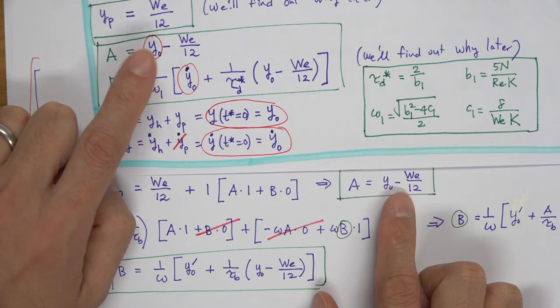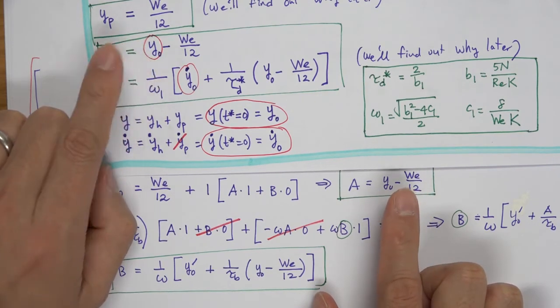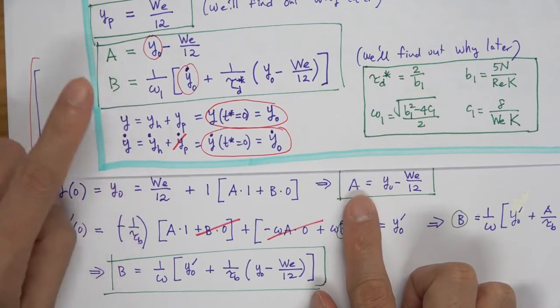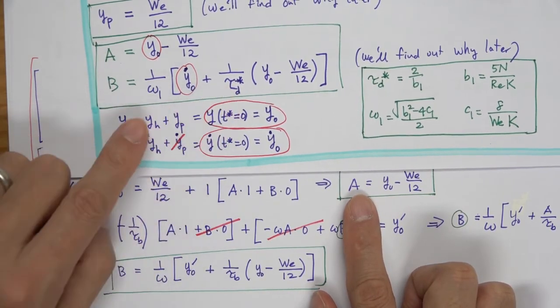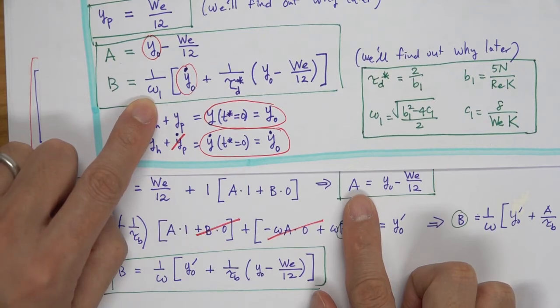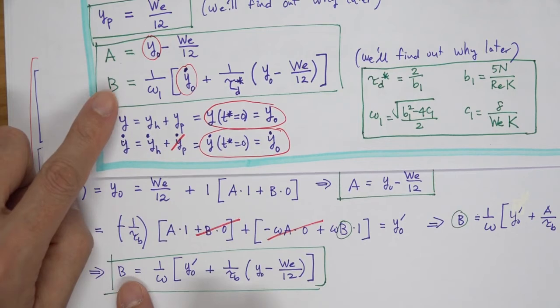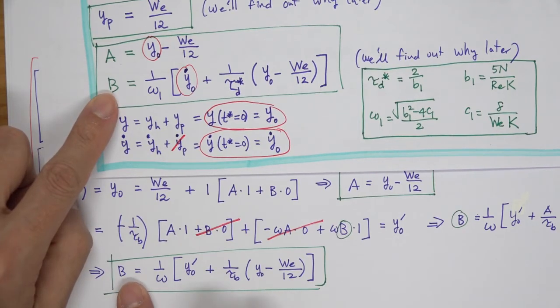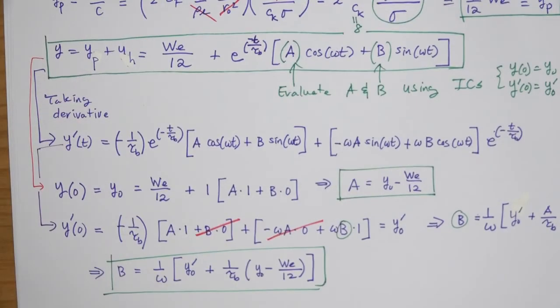The t here is different, but a is free of t, while b here is not free of t because it involves this, it involves that. So they're different. b here is different. So that's what we did previously, and that's what we are doing now.